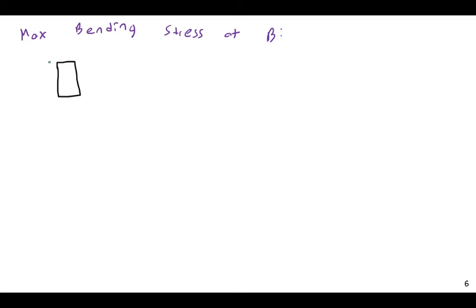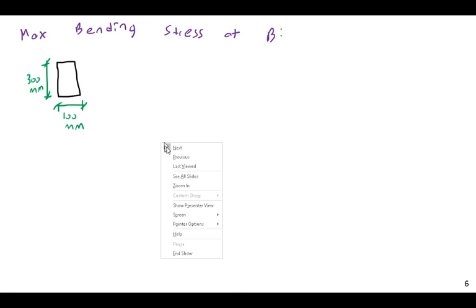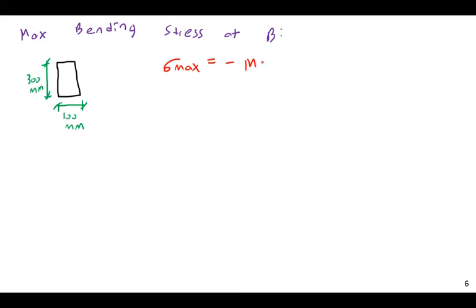This is 300 millimeters by 100 millimeters, and sigma max is equal to negative MC over I.